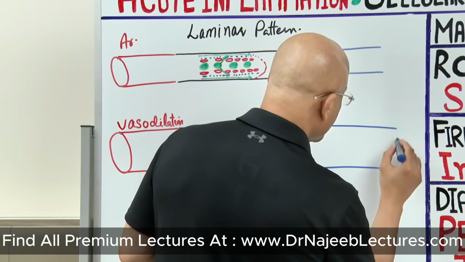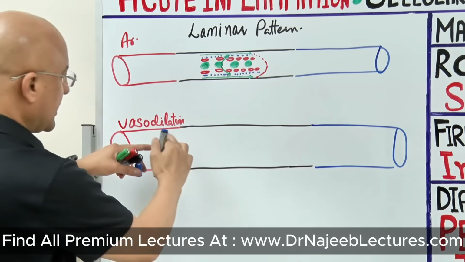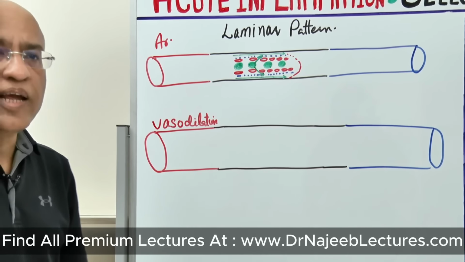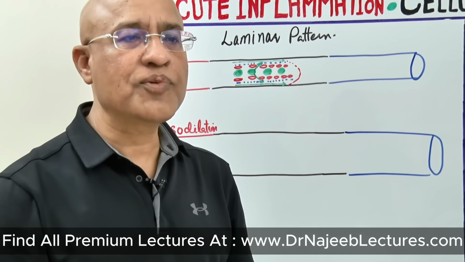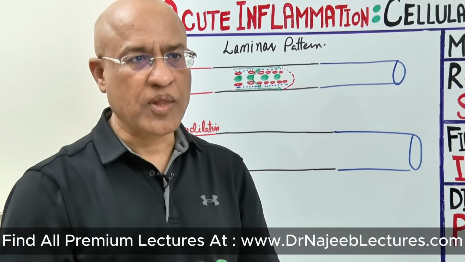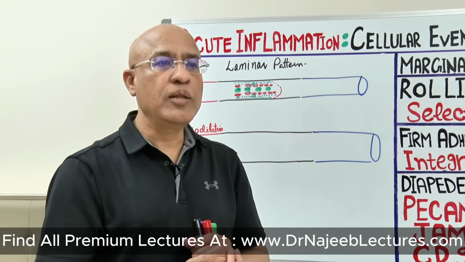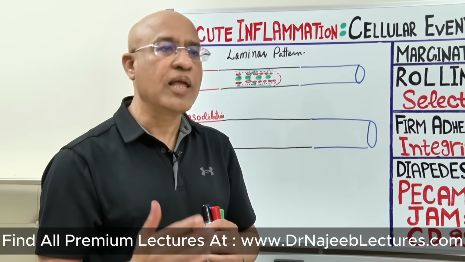Now, if this tissue is inflamed, what will happen? Suppose this is the microcirculation in an injured, inflamed tissue. As you know, in inflamed tissue, a lot of chemical mediators are produced locally, which will initiate and mediate the different steps of inflammation.